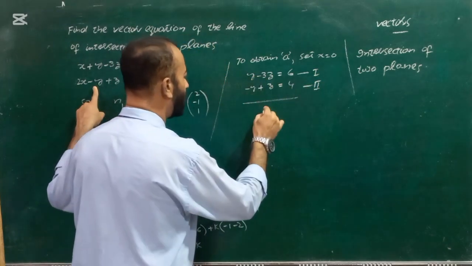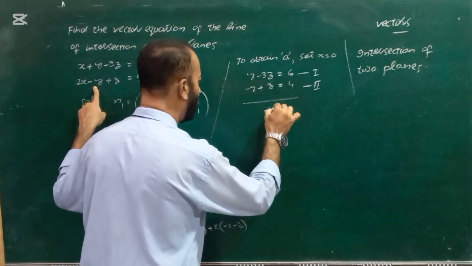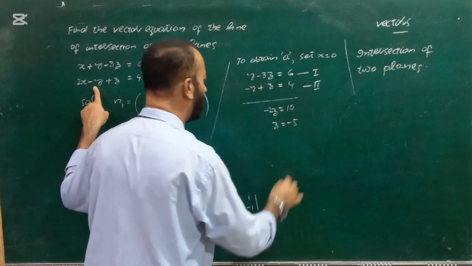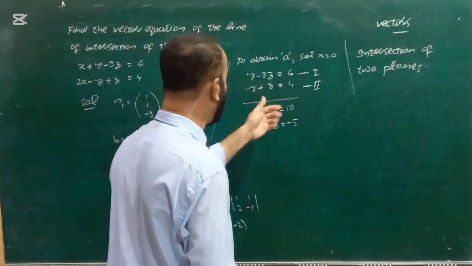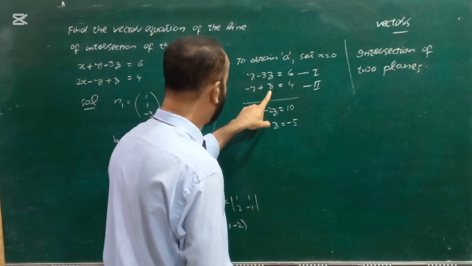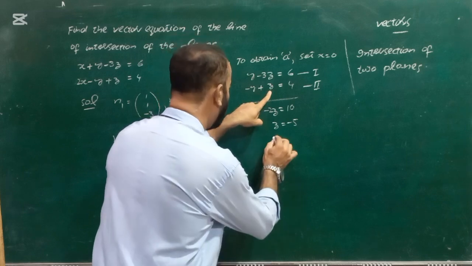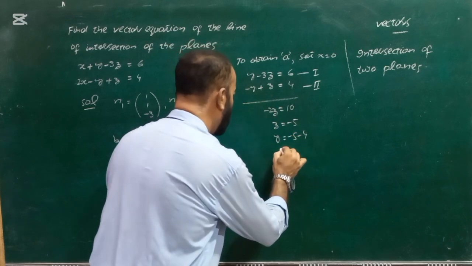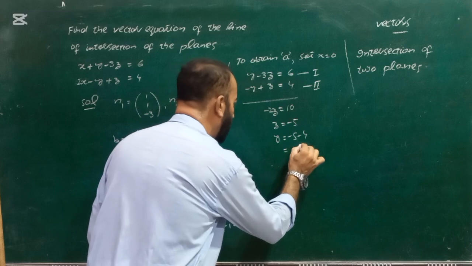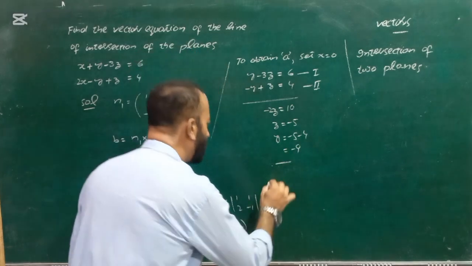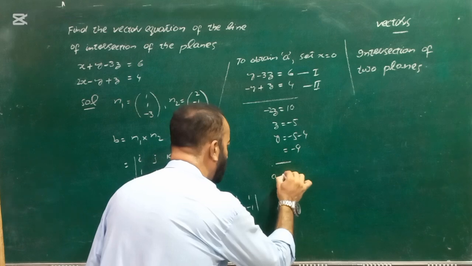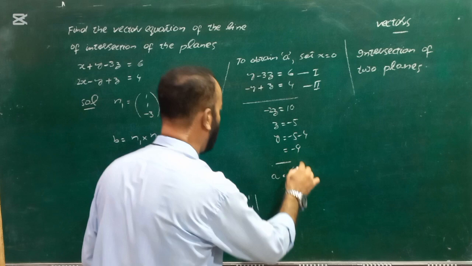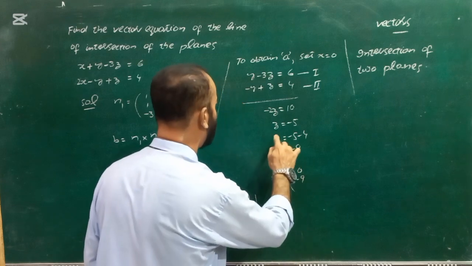At this stage, adding these two equations, y will cancel. So minus 2z will be equal to 10 and z will be equal to minus 5. Okay, putting the value into any one of the equations, so suppose we put z equal to minus 5, y will be equal to minus 5 minus 4, so y will be equal to minus 9. So it means A will be 0, minus 9, minus 5.